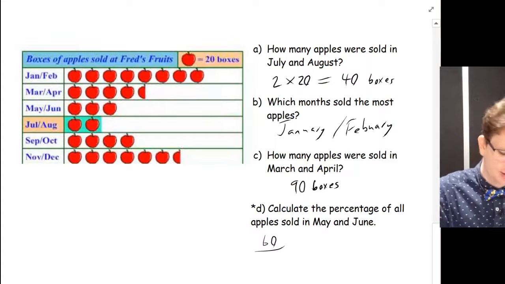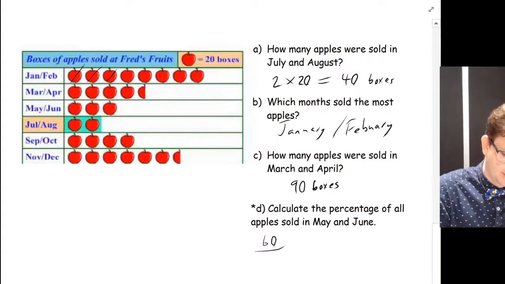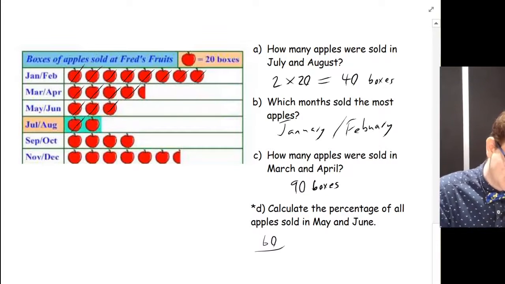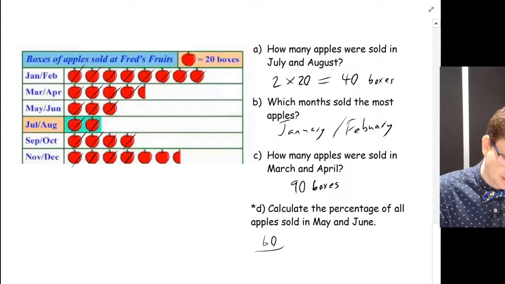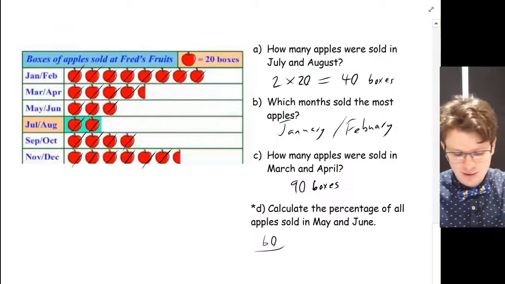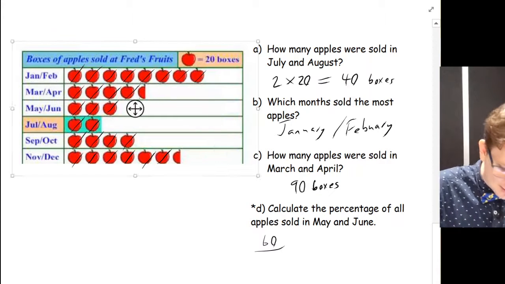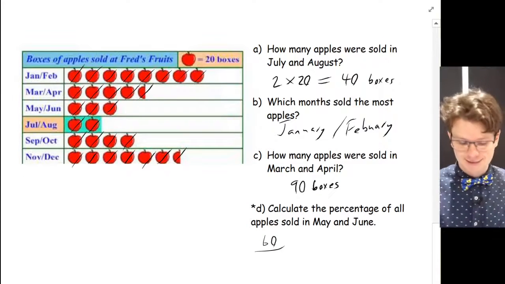In total, there was 1, 2, 3, 4, 5, 6, 7, 8, 9, 10, 11, 12, 13, 14, 15, 16, 17, 18, 19, 20, 21, 22, 23, 24, 25, 26, 27. 27 and 2 halves, 28.